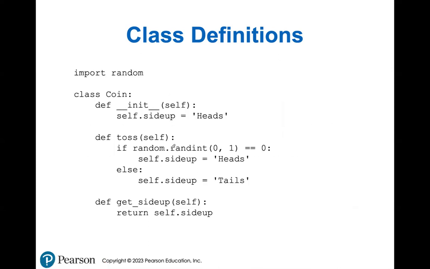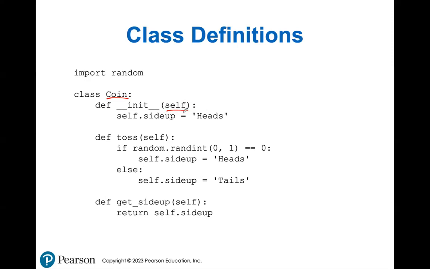This is the way it looks. So for example, we have our class Coin, and then this is our constructor or initializer method, whatever you want to call it. And you see that we have this parameter called self.